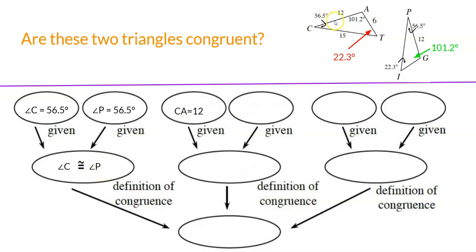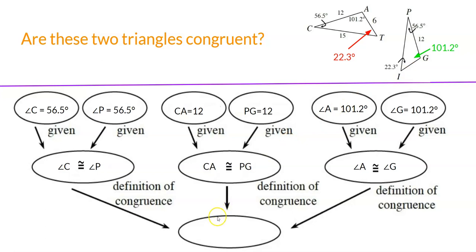CA is 12, and the other 12 would be PG, so together CA is congruent to PG. Our last angle: angle A is 101.2, and the other 101.2 is here on angle G, so angle A and angle G are congruent to each other.